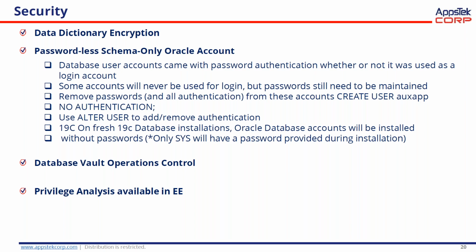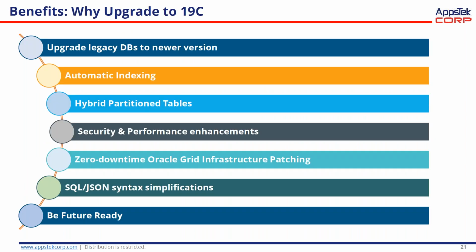Database Vault operations control has been introduced, and a lot more things have come up with these new features. A simpler, faster Database Vault implementation has been introduced in the Oracle 19C database. There are a lot of other benefits and new features Oracle has introduced in 19C: DBCA silent mode operations for pluggable databases, RAT (Real Application Testing), and ADDM at PDB level, which was not there before.